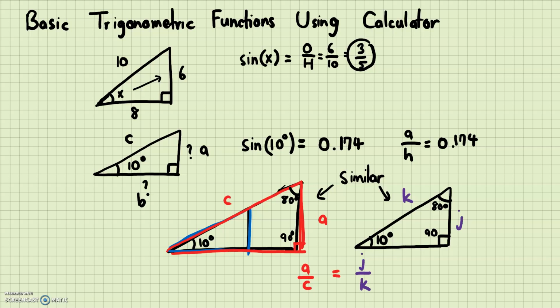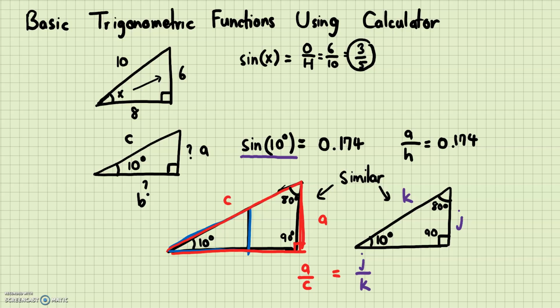The sides are proportionate. Once you know one angle, you can find the trigonometric function of that angle just by plugging it in the calculator. You can't actually do this without a calculator.